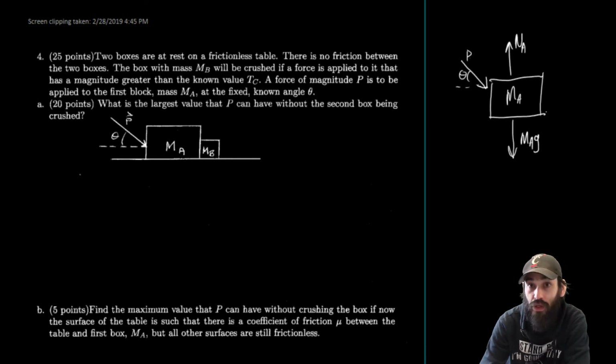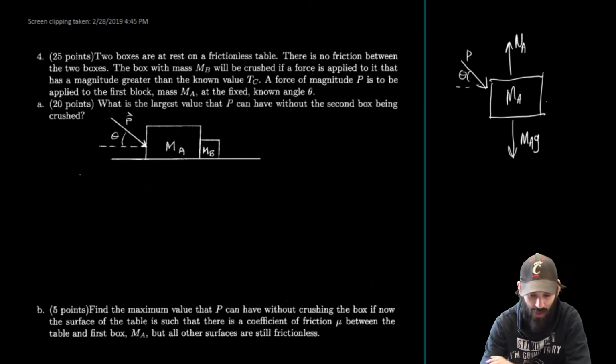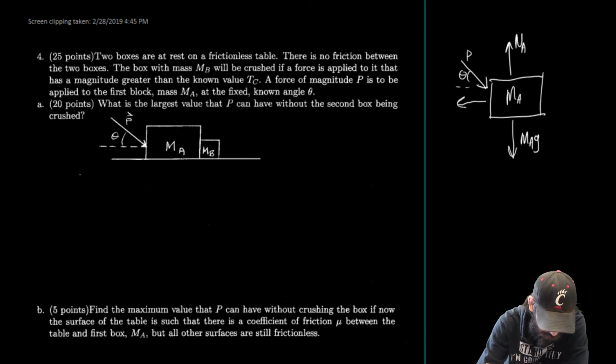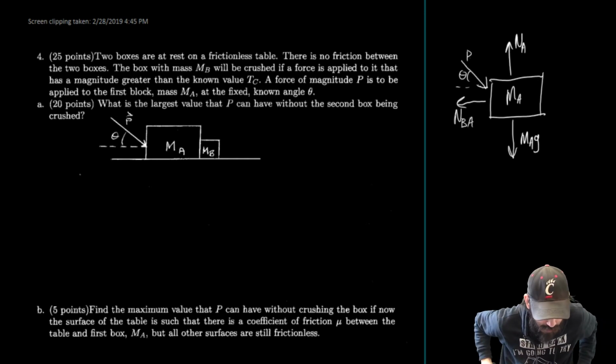And we also have a normal force that box B acts on box A. So this is going to be NB acting on A. Okay, so there's no friction between the boxes, and we're assuming that there's no force of friction anywhere else.